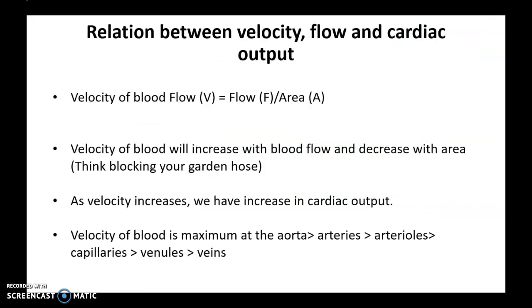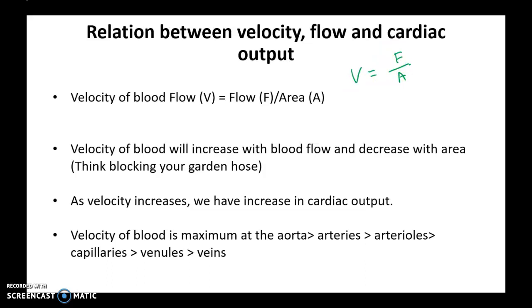Alright, now some relationship between velocity, blood flow, and cardiac output. Let's review this quickly. Velocity of blood flow depends on the rate of flow and also area. So velocity is flow by area.